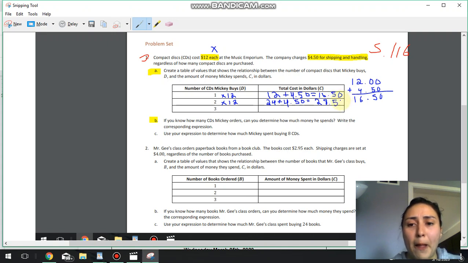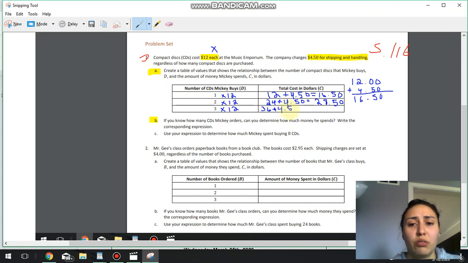Okay. So the next one I'm just going to do a little bit faster, right? I'm going to multiply by 12. And 3 times 12 is 36. So now I have 36. I have to add the delivery fee, which stays the same no matter what. We can buy more CDs and it's still going to be $4.50.